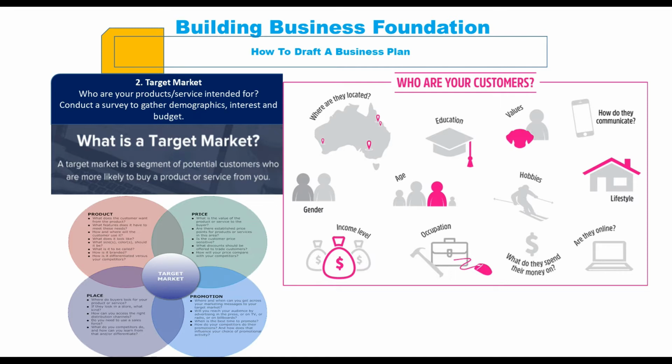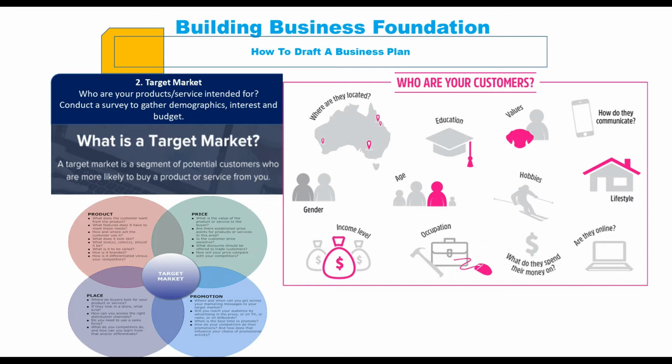You can sell anything in this world. So what you need to understand is who are going to be your buyers, who your products or services are intended for. Is it based on the country, or based on the people, or based on some sort of education, like people who are in design or commerce or arts, and value?